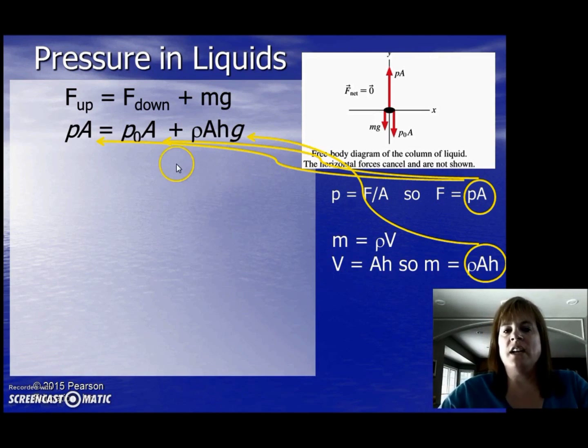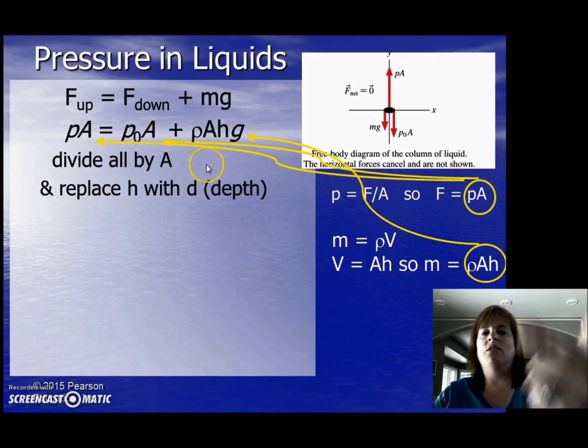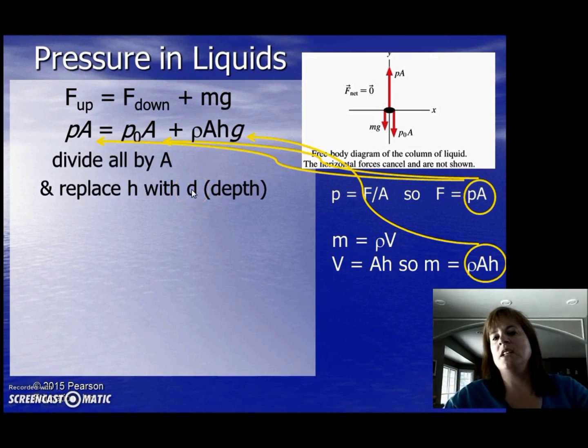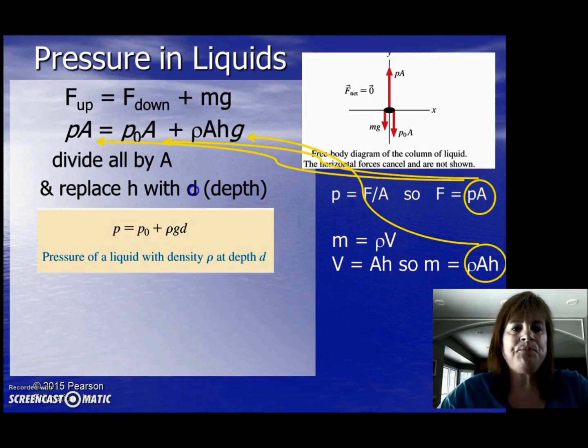They all have area in the term, so we'll divide everything by area and get rid of that, and we'll get rid of the height, and we'll put in D. So we think of it more as depth in the fluid instead of really a height of the fluid.